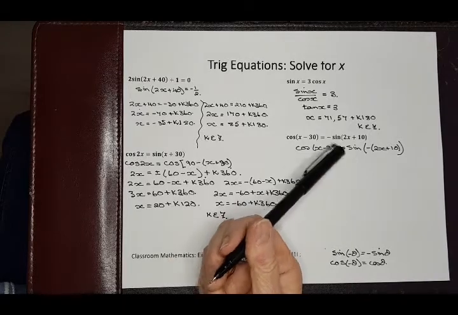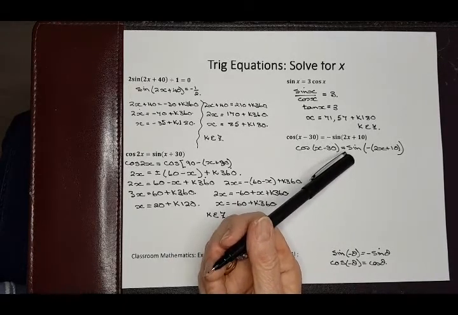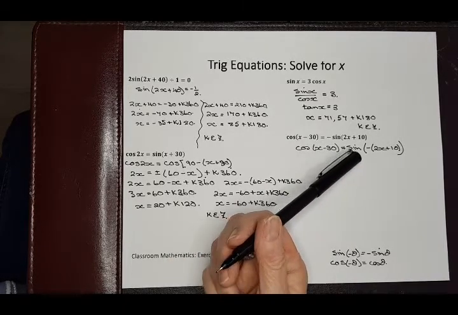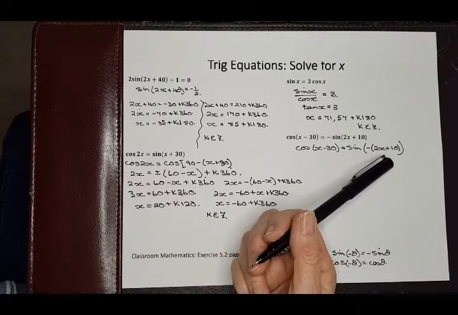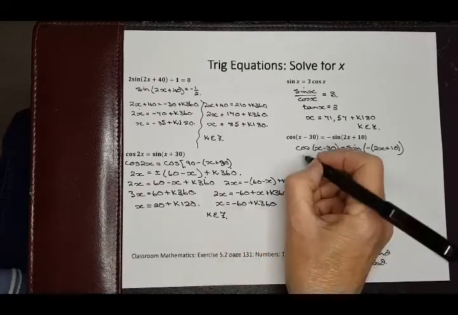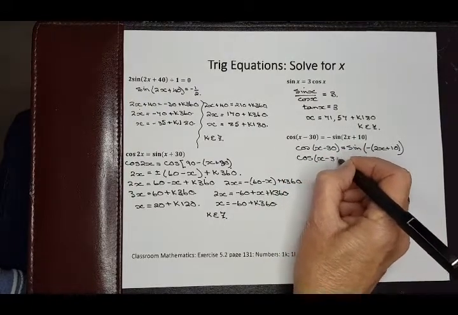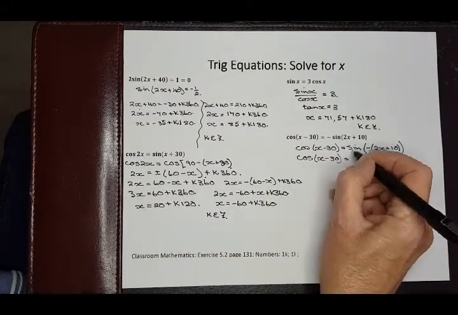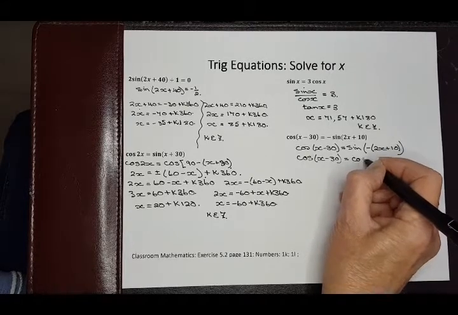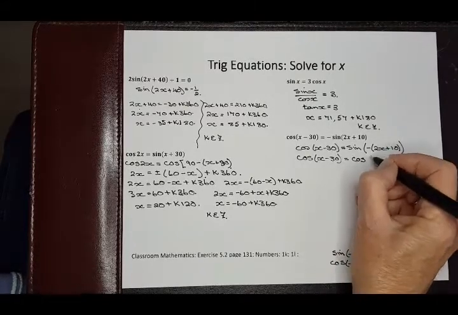Now that I've got rid of the minus in front of the sine, now I'm going to use my CoCo rule. Take the co-function and the complementary angle. So I land up with cos of (x - 30) is equal to co-function of sine, complementary angle.